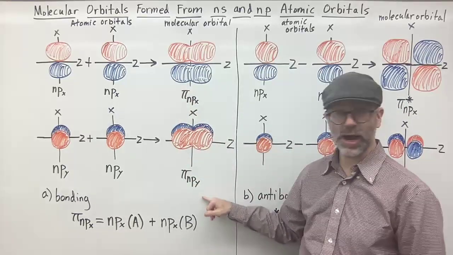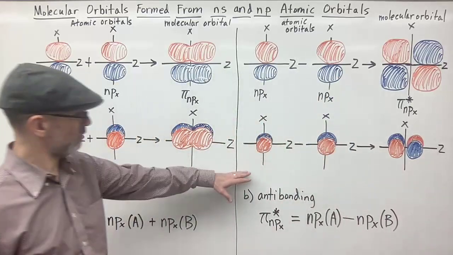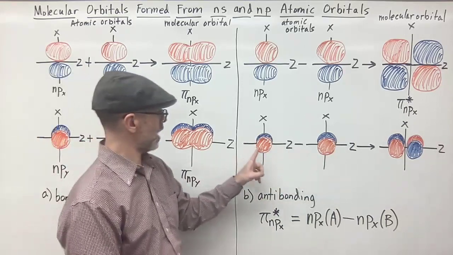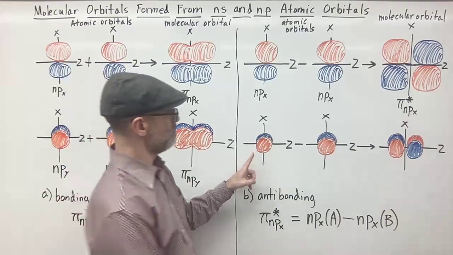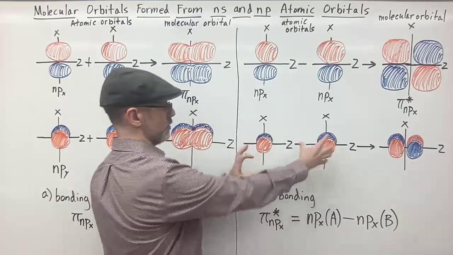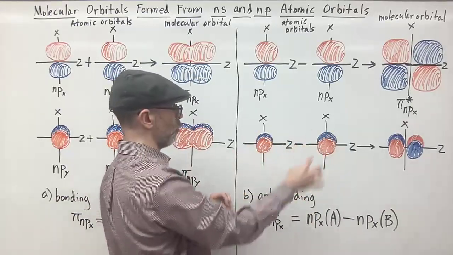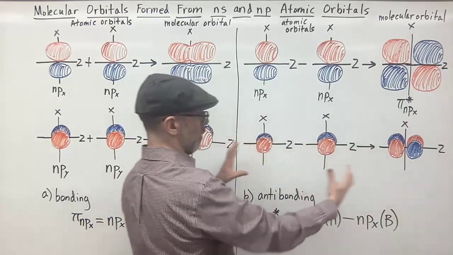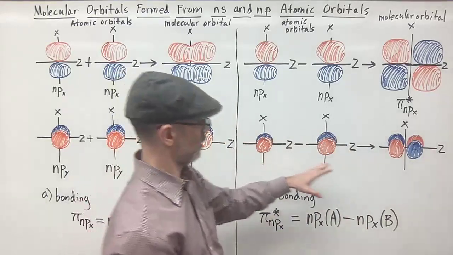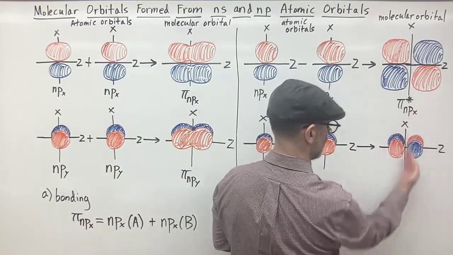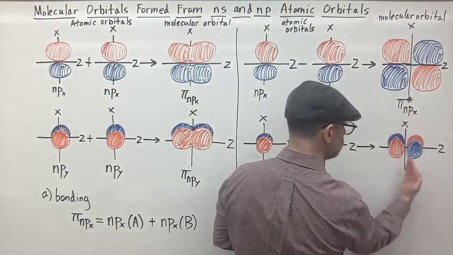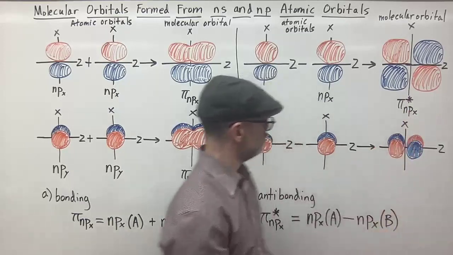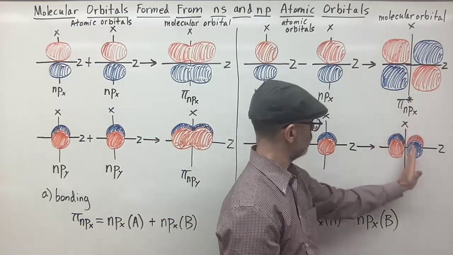So we have a bonding orbital for the px and a bonding orbital for the py interactions. And again, you can have the anti-bonding interaction. Here it's a difference, a positive with a negative. By convention we have the positive coming out of the board and the negative going into the board, an orange with a blue. Put those together, that's destructive interference, and you can see a nodal plane going up and down on the x-axis, which would be the xy plane.